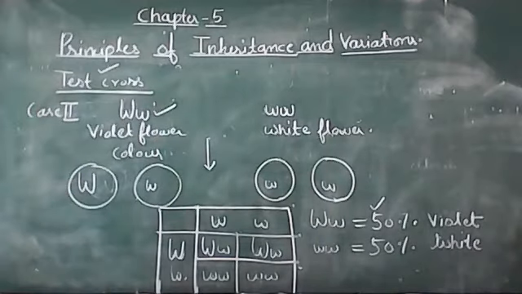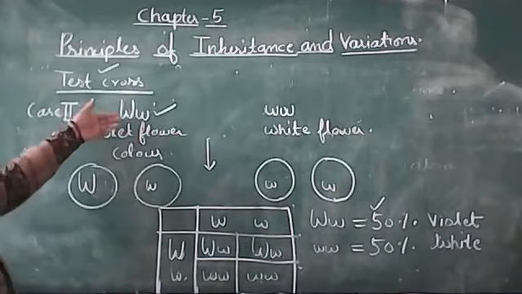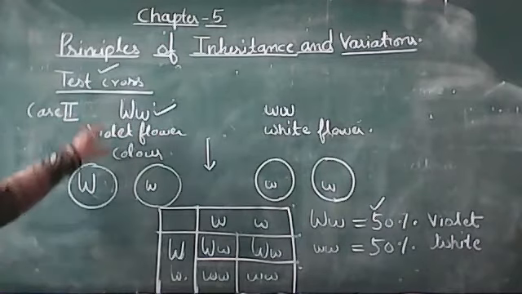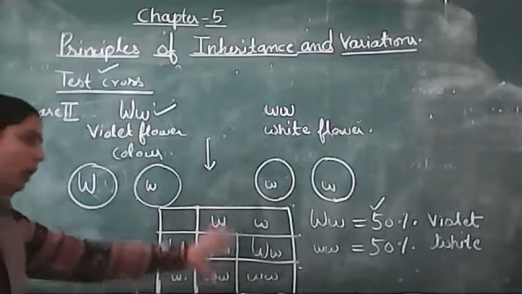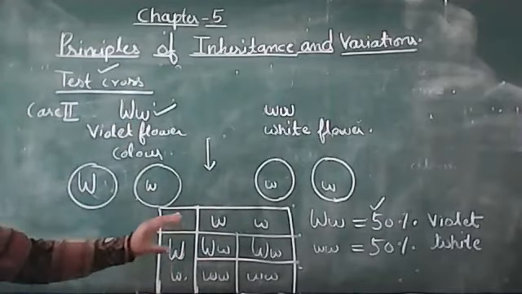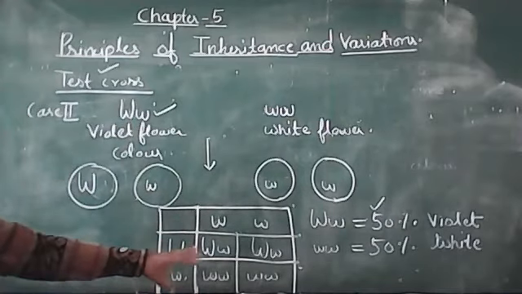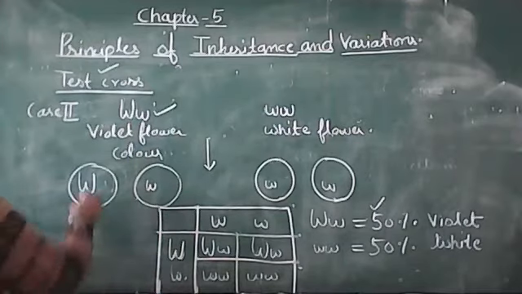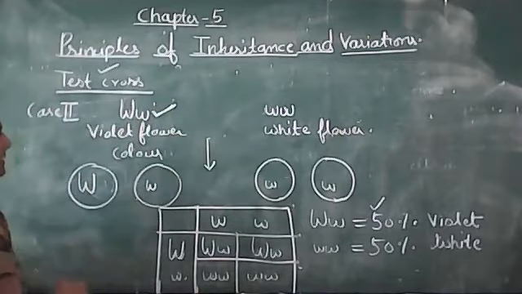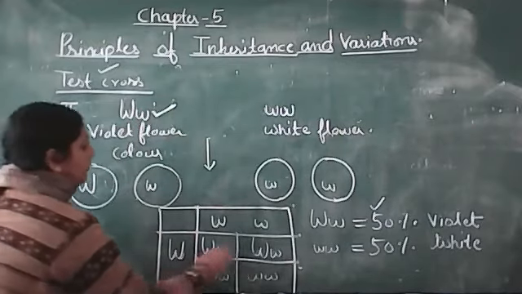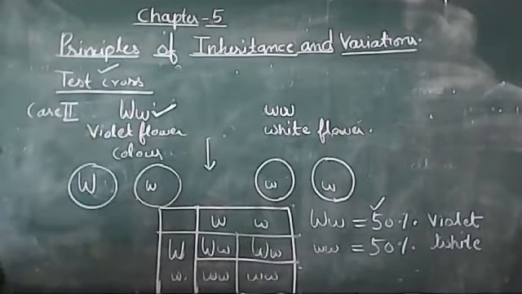So always remember, in a test cross, if the parent whose phenotype is checked by us is the dominant parent, in that case we obtain all hybrids, and the ratio of those hybrids is equivalent to 100%. But in the second case, if the parent is a heterozygous one, we obtain 50% dominant character and 50% recessive character.